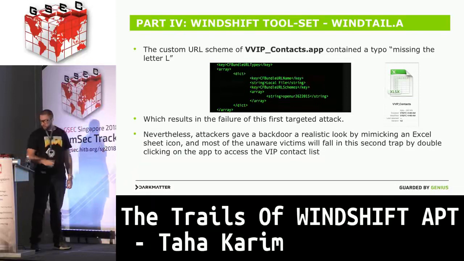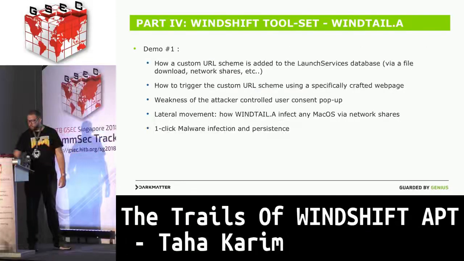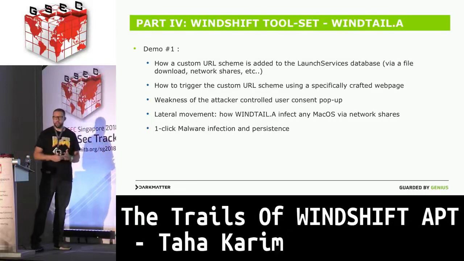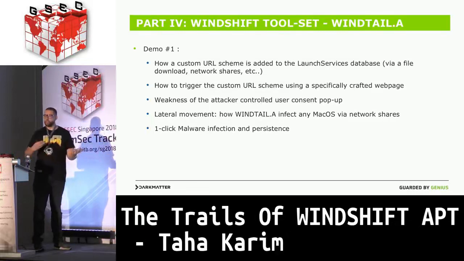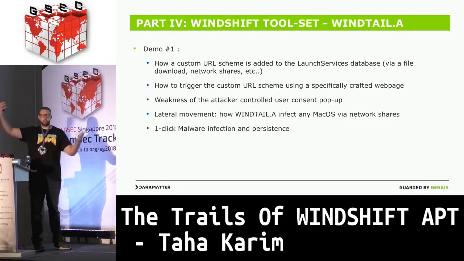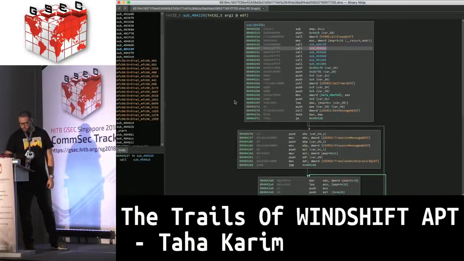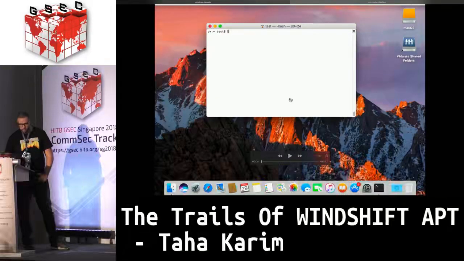Okay, so I'm just going to tell you why this worked. How come just by downloading a file, you can open a browser and run the file? I have a video here. There's something called the launch services database.